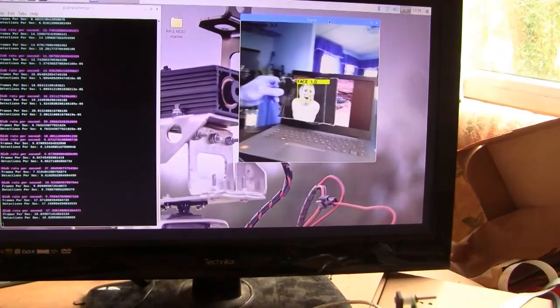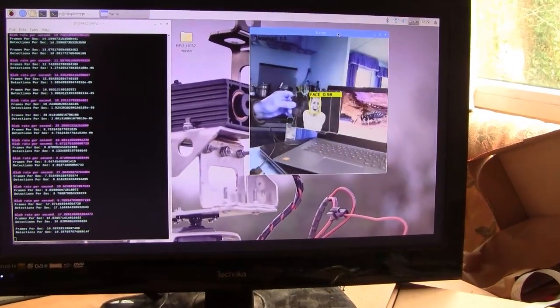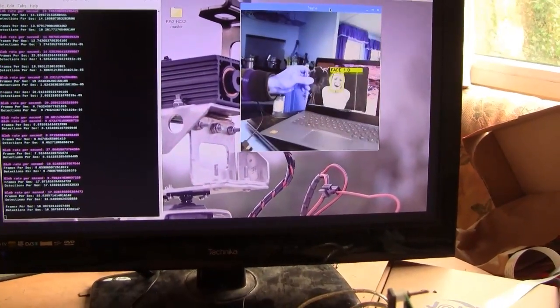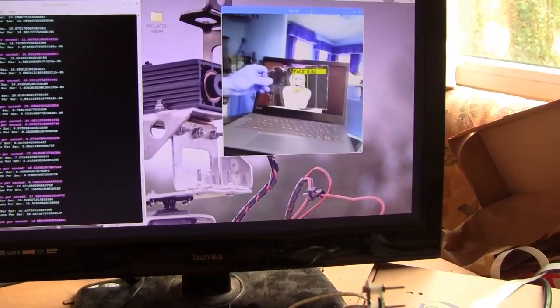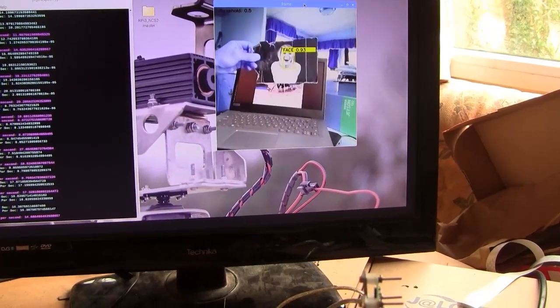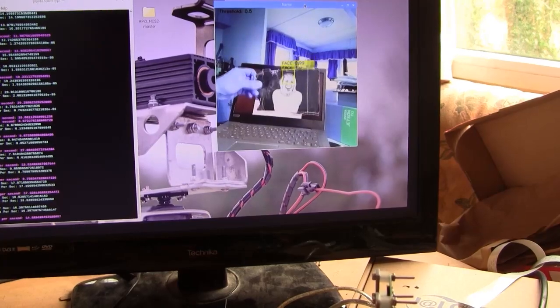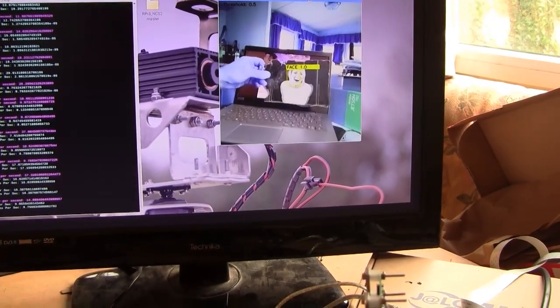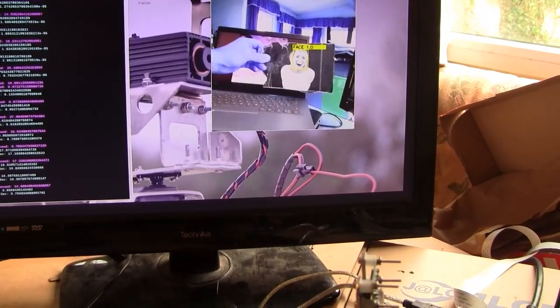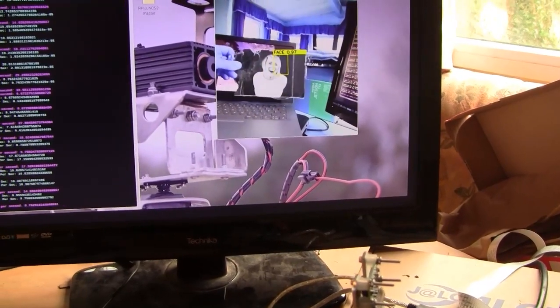So really the critical thing is the inference blob rate rather than the frame rate, and because the network's a lot more efficient, a lot quicker, and it's more accurate as well, I'm able to speed up the camera on the gimbal, so the gimbal tracks it a lot quicker.